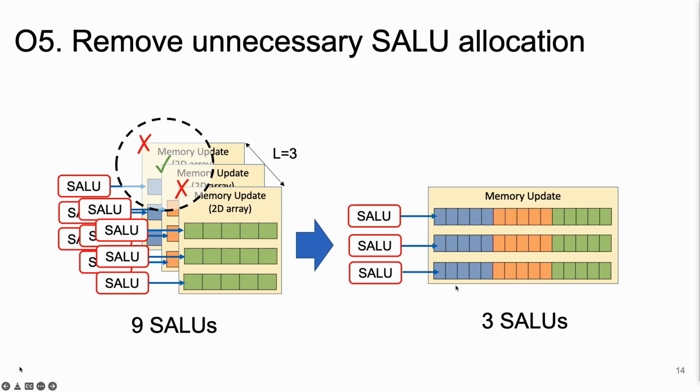This optimization is possible because we know that only one short counter array across levels needs a counter update per packet. In this way, we can achieve a 3x SALU improvement. And also, there is no behavior difference between before and after optimization. Thus, we don't need to worry about accuracy changes.